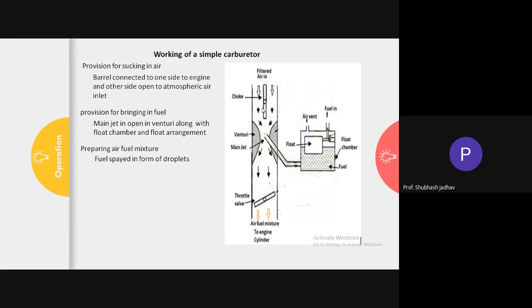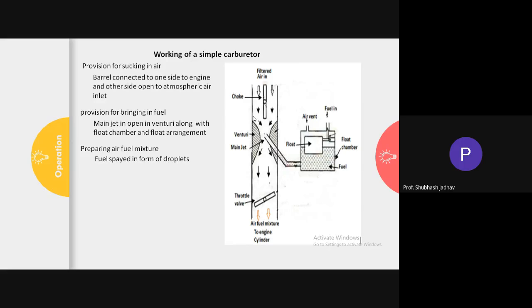You have heard the words latent heat and sensible heat. Sensible heat is that which results in an increase in temperature, and latent heat is that due to which a phase transformation happens. So here we have latent heat.